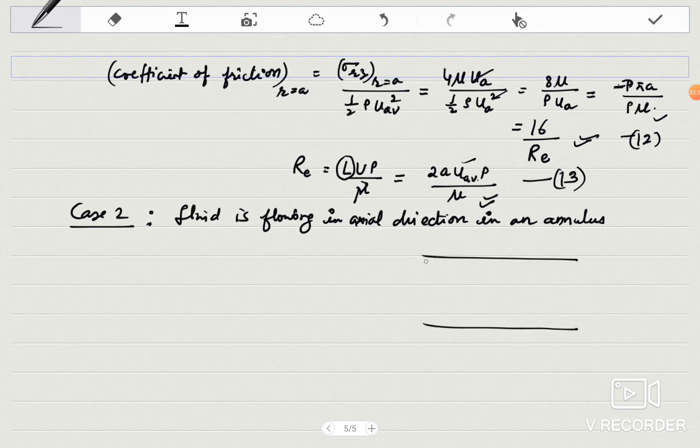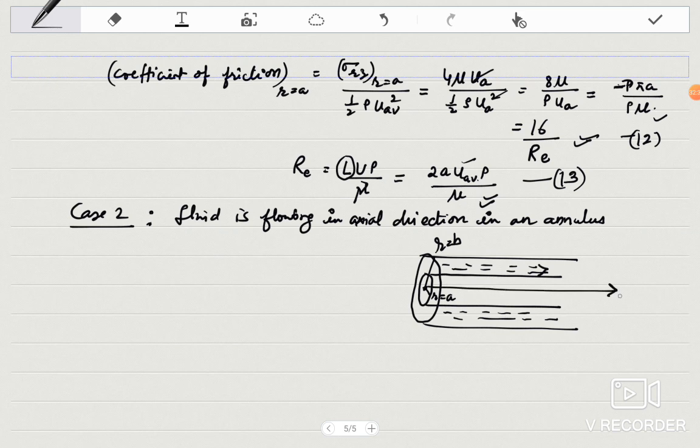Suppose this is one cylinder of some radius, say radius r is equal to b, and there is another cylinder which is concentric and of radius r is equal to a. Now your fluid is flowing in this annulus and the direction of the flow is this one. This is the axial direction, z direction, and your fluid is also flowing in this direction.